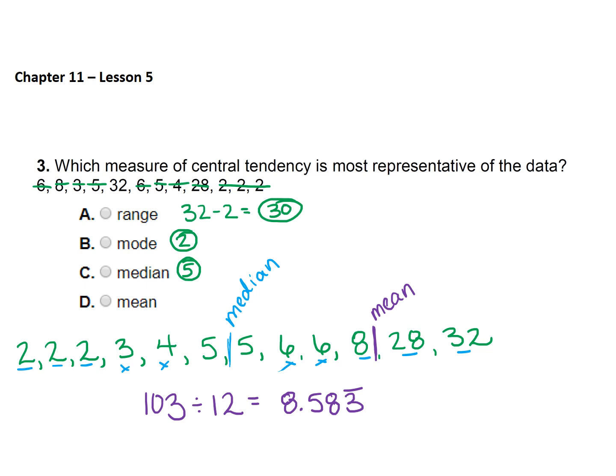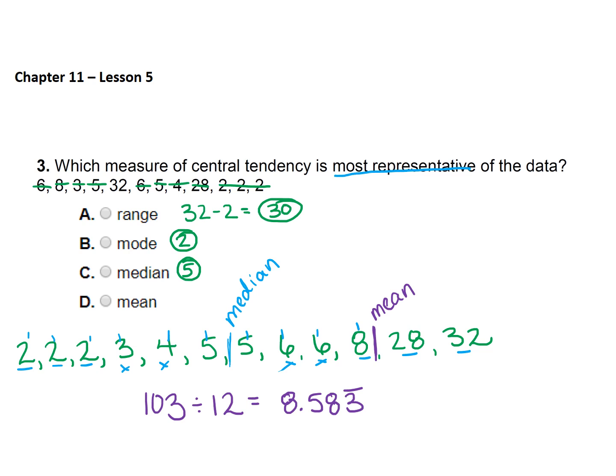And the question is, which measure of central tendency is the most representative of the data? Now in this case it would be the median, because 1, 2, 3, 4, 5, 6, 7, 8, 9, 10 pieces of the data are actually closer to the median than the mean, okay?